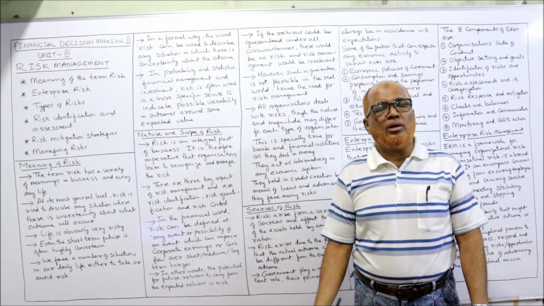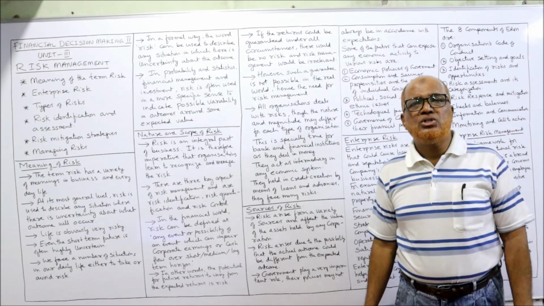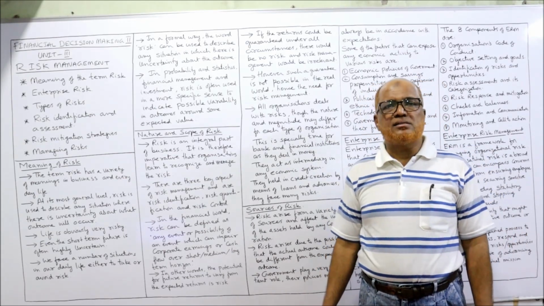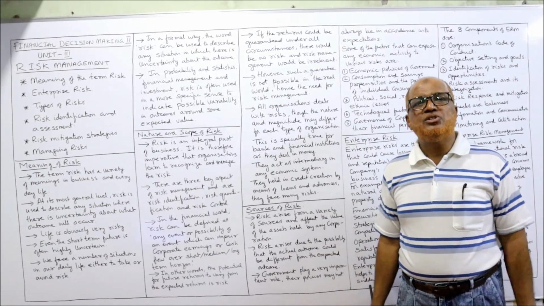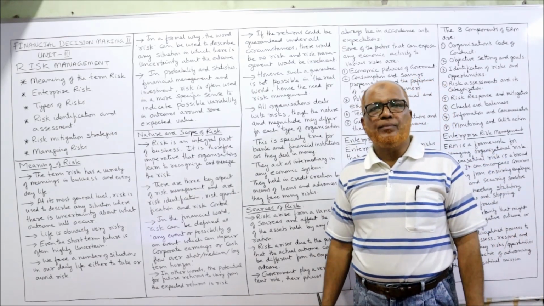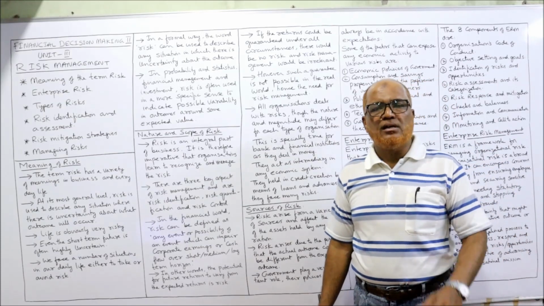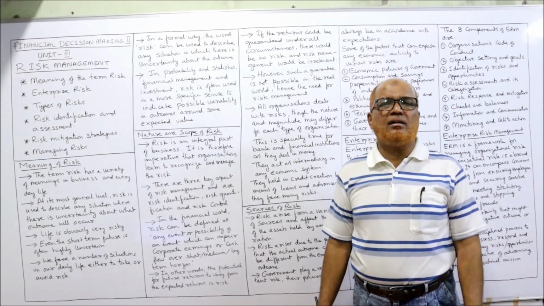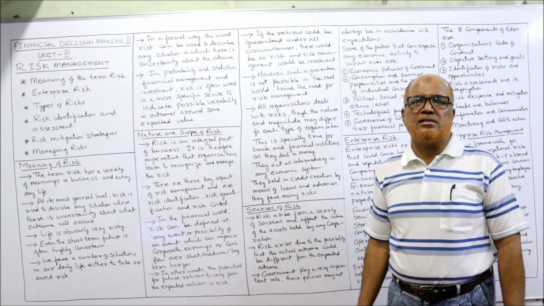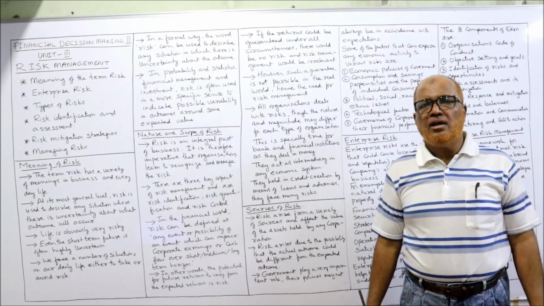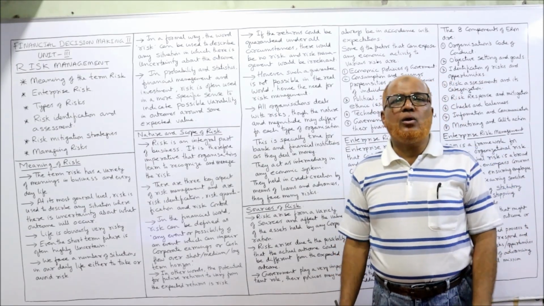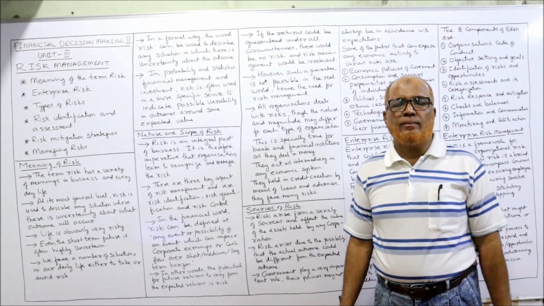After identification, the business has to measure the risk, calculate the risk. Nowadays, different strategies are available, like VAR, value at risk, CAR, cash flow at risk. Different techniques are there to calculate the risk, that is risk assessment. Lastly, risk control or risk management.